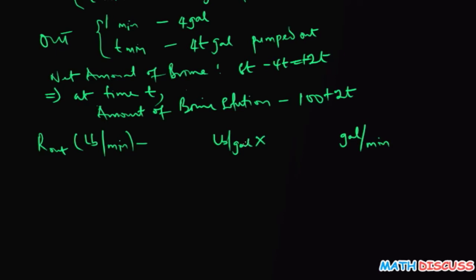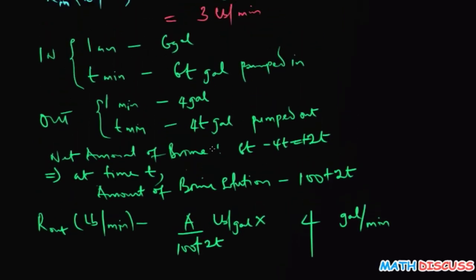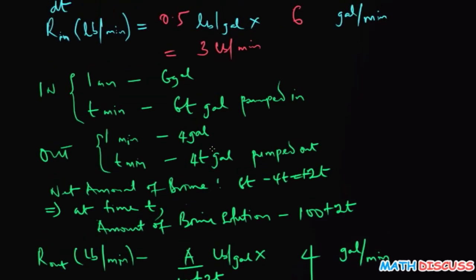So lb per gallon is the concentration of the salt leaving the tank, while gallon per minute, we've been given that to be 4. Now the concentration of that leaving the tank is going to be A all over 100 plus 2t.